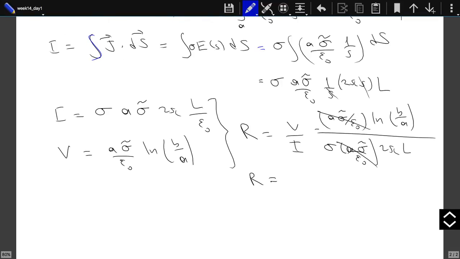So the resistance of this cylindrical conductor is 1 over sigma, logarithm of B over A, divided by 2 pi times L.